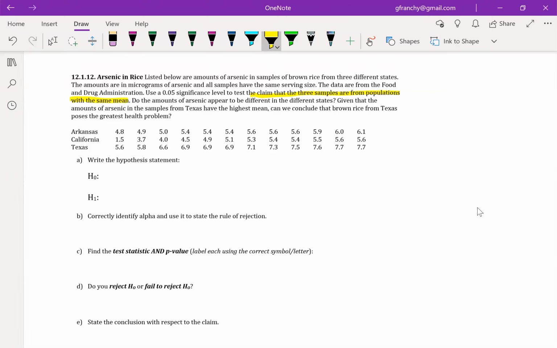And then they give us a couple additional questions. Do the amounts of arsenic appear to be different in the different states? That's kind of what we're testing here.